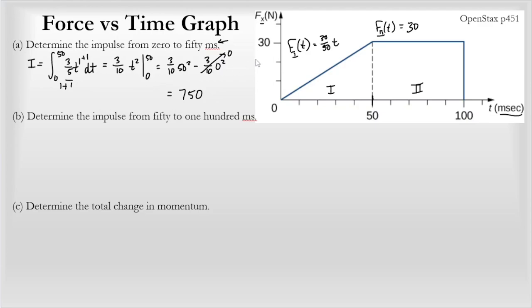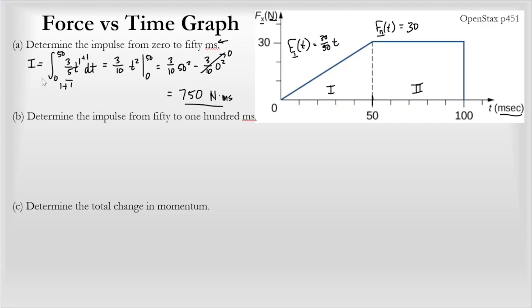And the units here, we're going to do the same game we did before. We're multiplying the base times the height, right? The height is newtons and the base is milliseconds. So we get newtons times milliseconds, and that's fine for that problem.